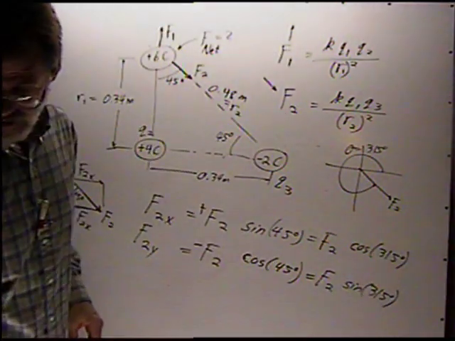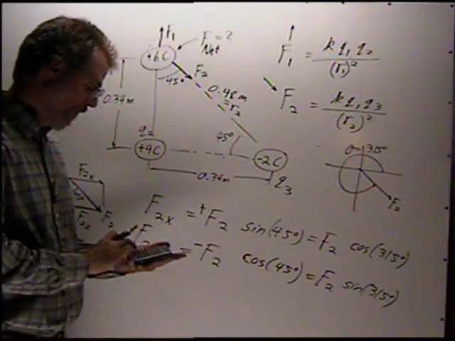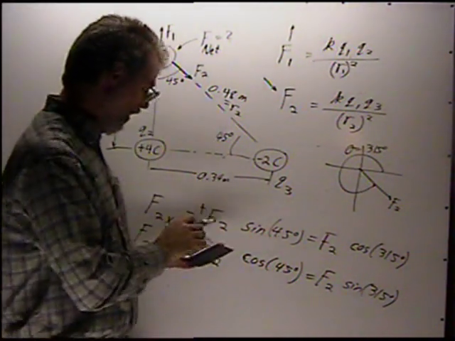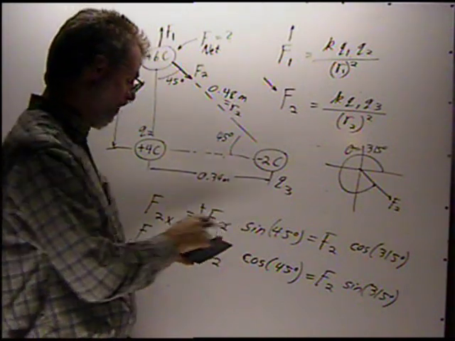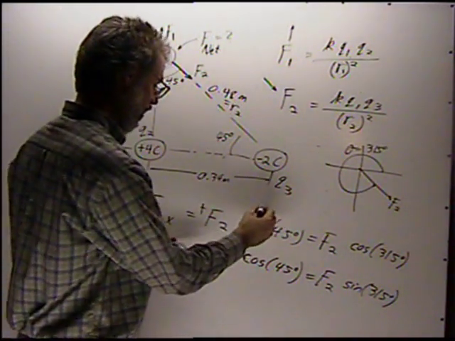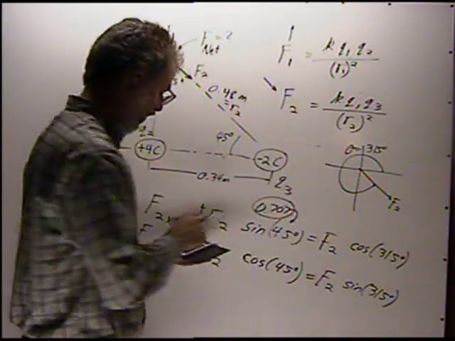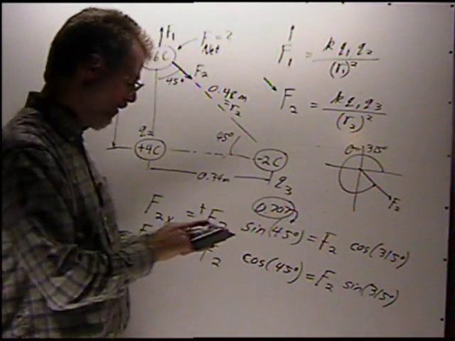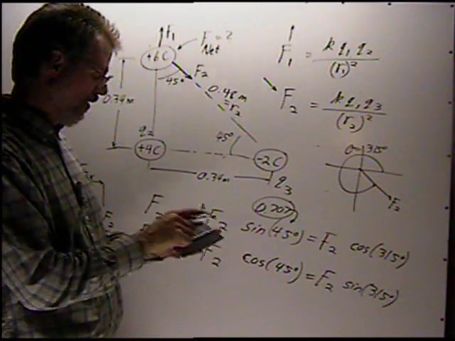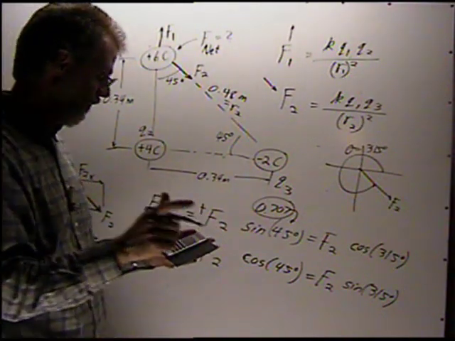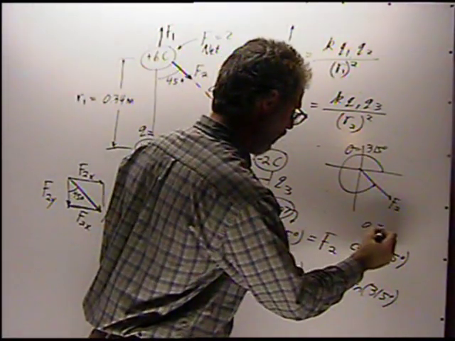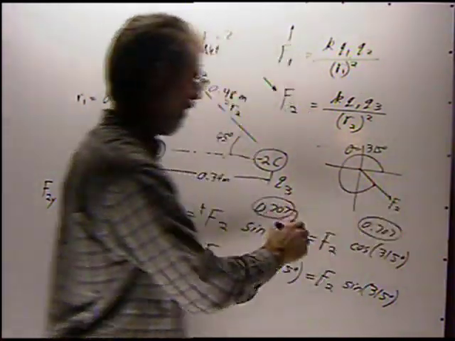Now if you take out your calculator, the sine of 45 degrees is 0.707. The cosine of 315, punch in 315 and take cosine, is also 0.707. So I get the exact same number.